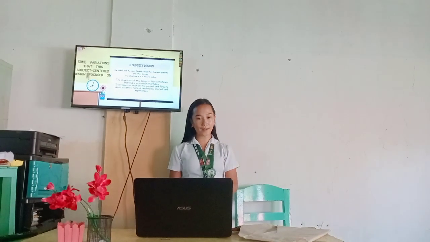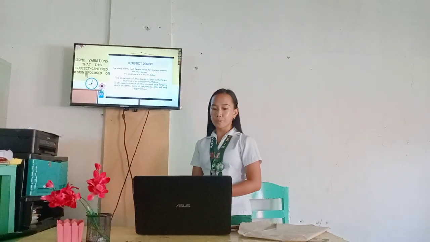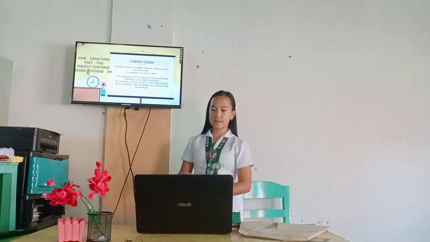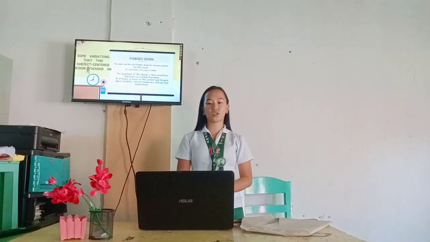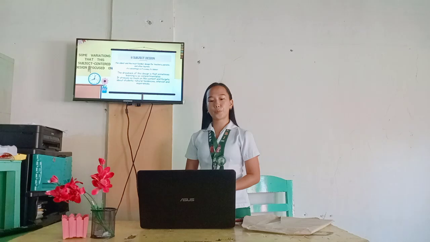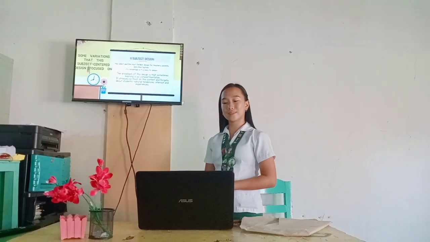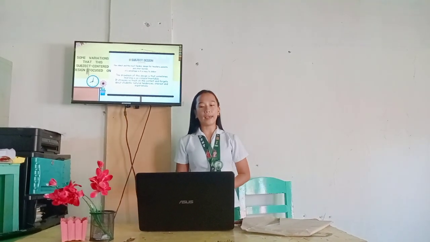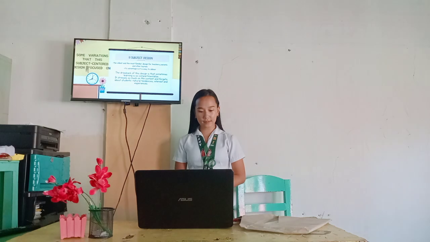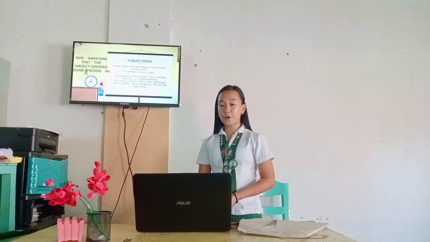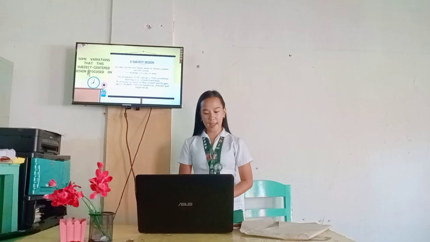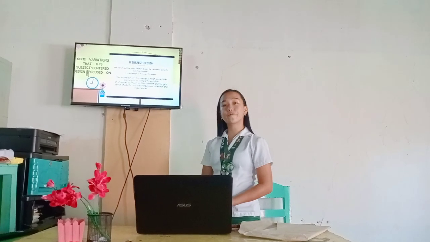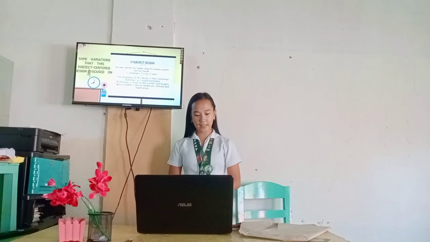Compartmentalized means separated into distinct parts. The drawback of this design is that sometimes learning is so compartmentalized and it stresses so much on the content and forgets about the students' natural tendencies, interests, and experiences. An example of this is a school timetable where students attend math class separate from science or English.